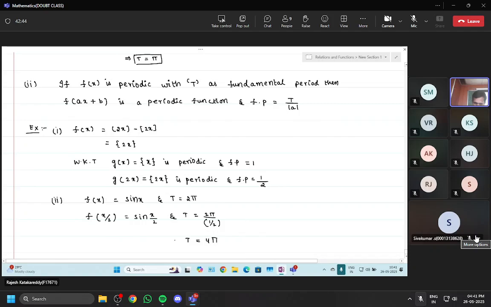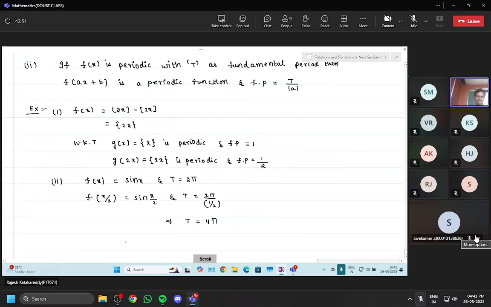If you want, you can check it. Maybe let us add this one also, one line I have left.